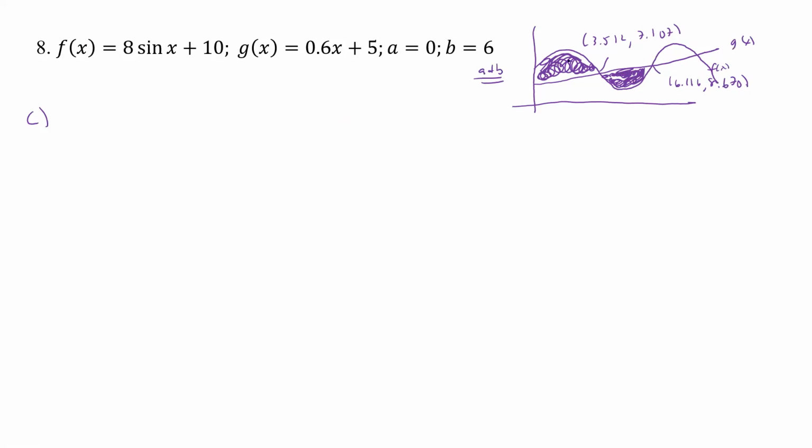Now C, it said to do basically the area that's under the curve overall. So basically we're going to take the larger minus the smaller, and it's first is f of x. So we're going to do the integral from 0 to 6 of our f of x minus our g of x dx. Okay, so let's go do that. And so quit there.